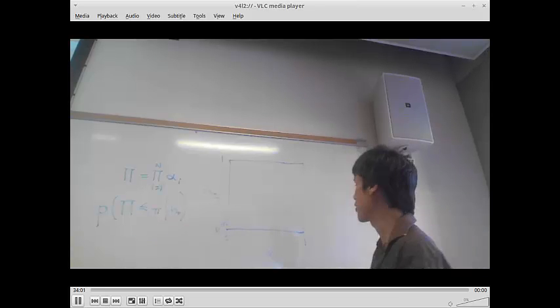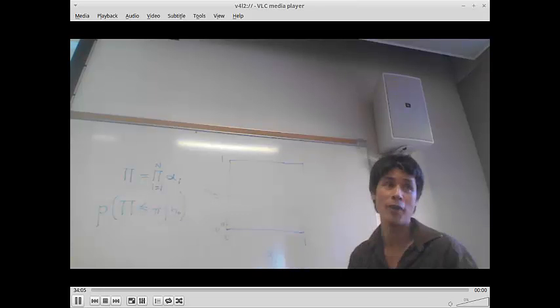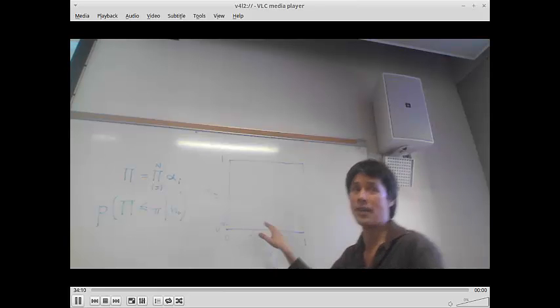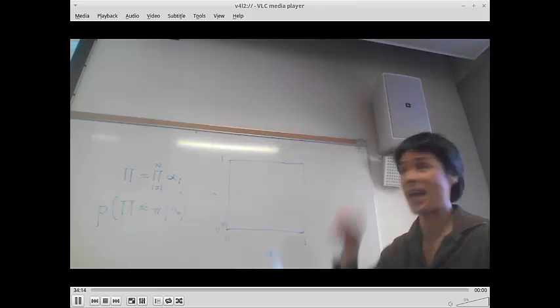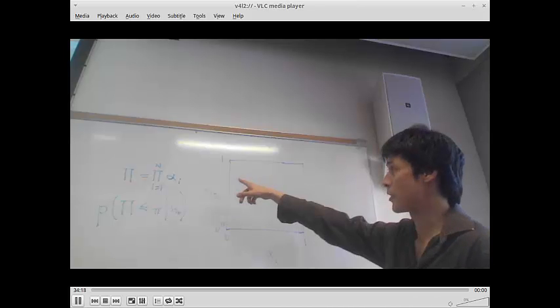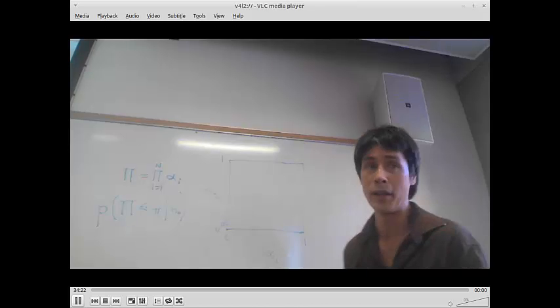I think you'll see there's a whole range of possible pairs of alpha 1, alpha 2 that go beyond just this box and would satisfy this product being less than or equal to what we observed.